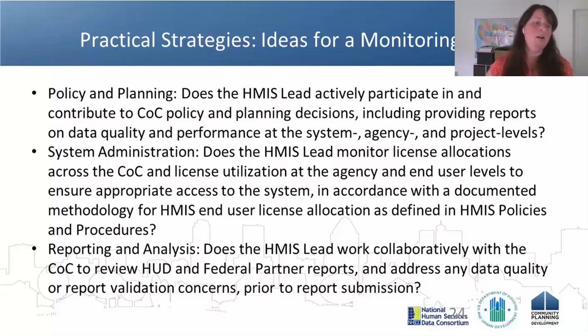How many days are spent in data quality cleanup to get the federal partners their successful reporting on time, et cetera. So taking reporting and analysis to a performance level might look more like that than just saying, yep, we have reports available basically in our HMIS for federal partners.